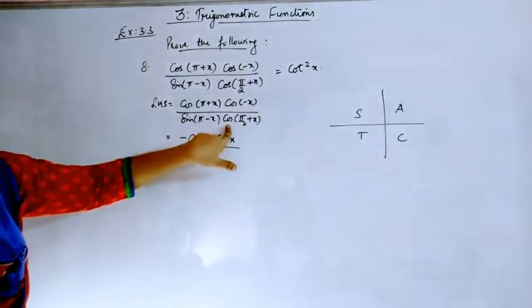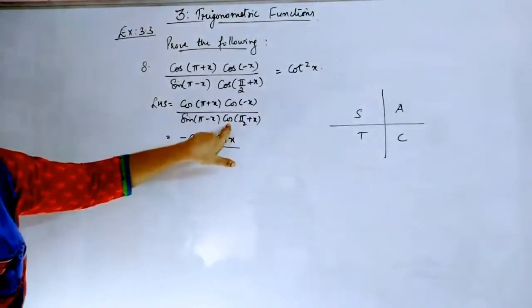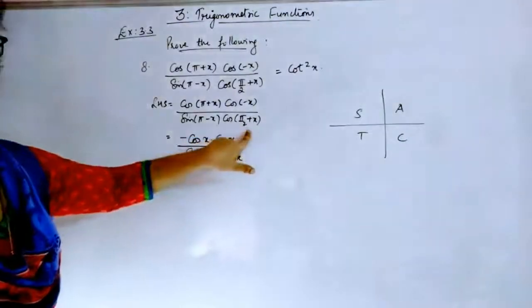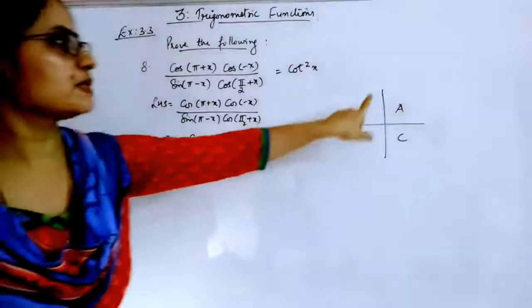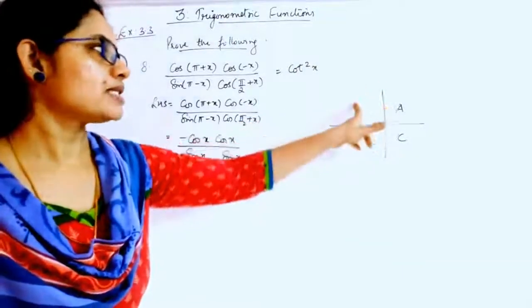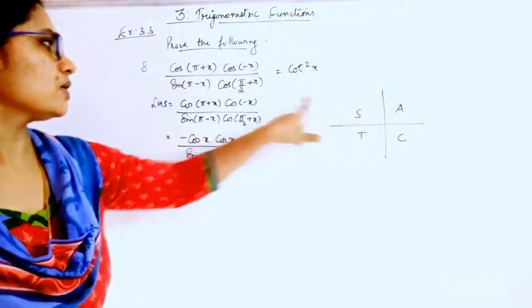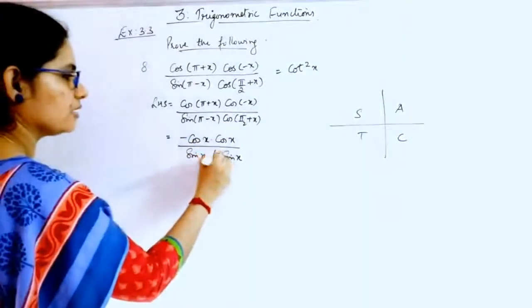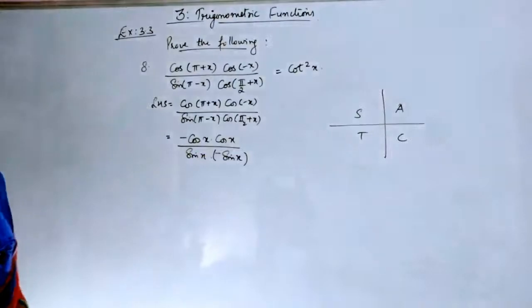That means here you have cos, so you will get sine here. Again when you write sine of that angle, you have to see in which quadrant this lies. Pi by 2 plus x means this is pi by 2, 90, plus x will give you the second quadrant, and in the second quadrant cos is negative, so you will have a negative sign here. It will become minus sin x, like this you have to look.